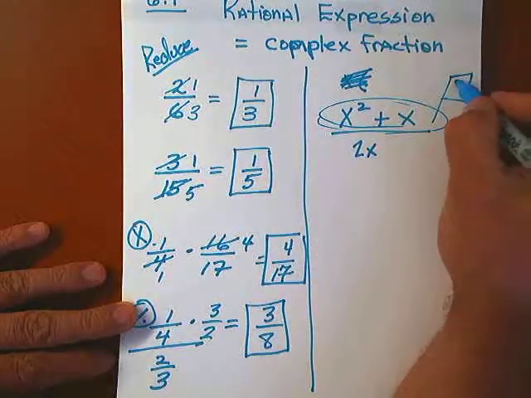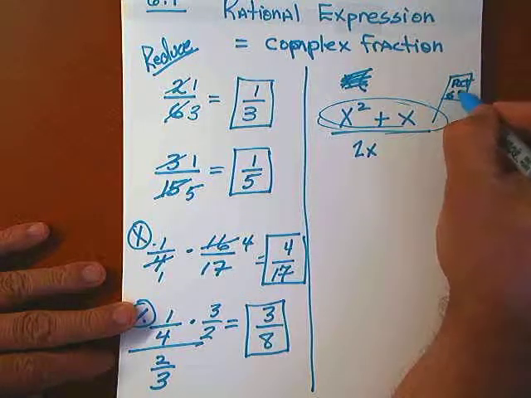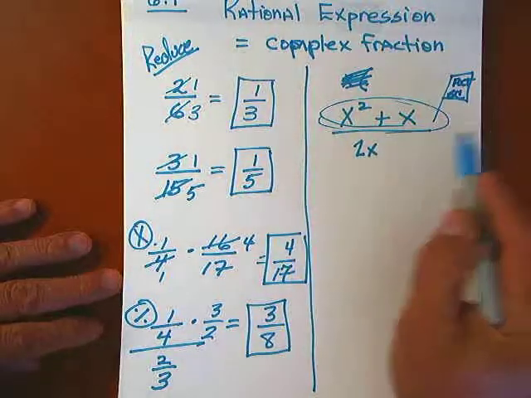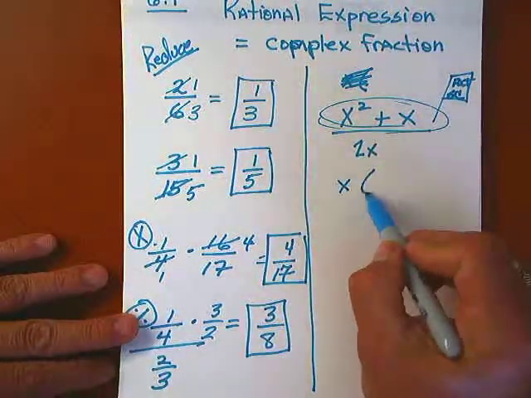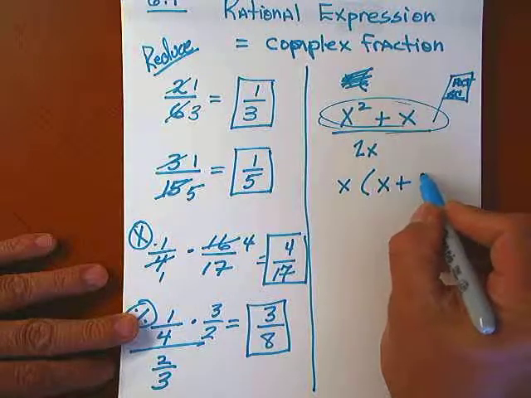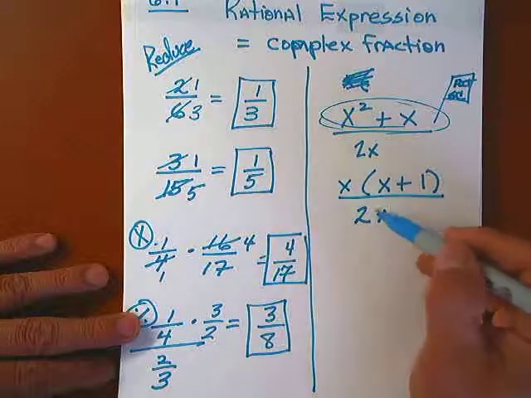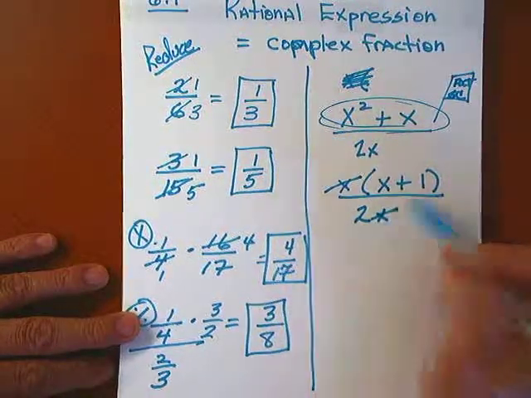It's got 2 terms like we talked about in class. Factor out a common term, or shortcut number 3 usually. In this case, we factor out a common term, which would be x. And you get x plus 1 over 2x.